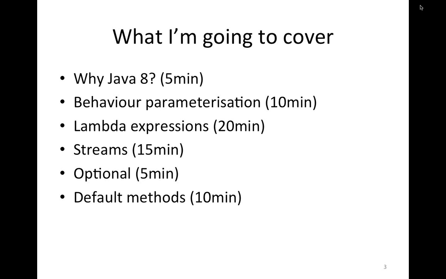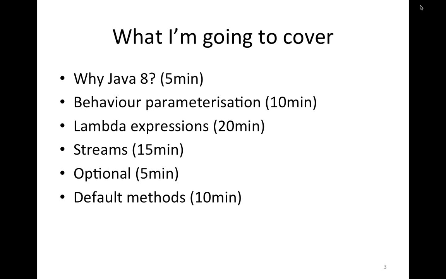Next we'll discuss a design pattern called behavior parameterization. It's a very scientific name for something that's really useful, and Java 8 makes heavy use of this pattern, so we'll introduce that. We'll follow up with lambda expressions, which are the flagship feature that Java 8 brings. We'll talk about what they are, what you can do with them, and how they can improve your code.